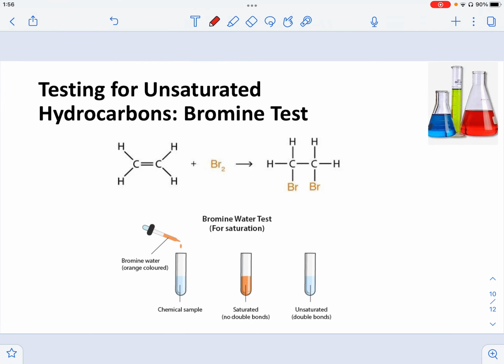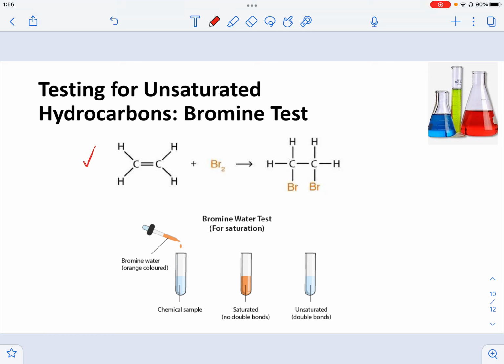The first chemical test that you will be investigating in this lab is called testing for unsaturated hydrocarbons. In other words, you'll be exploring the bromine test, as you can see in the reaction that is given right below the title.